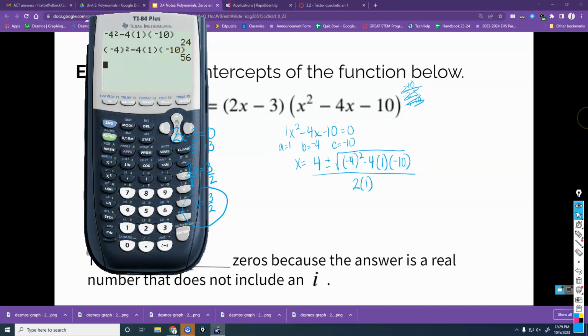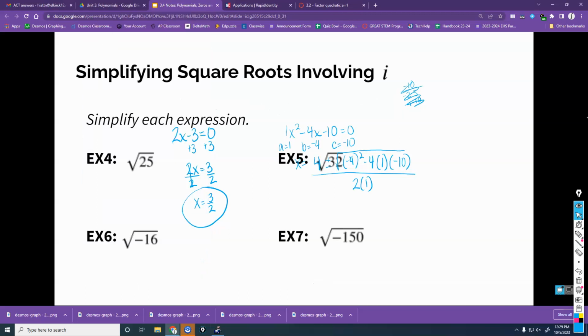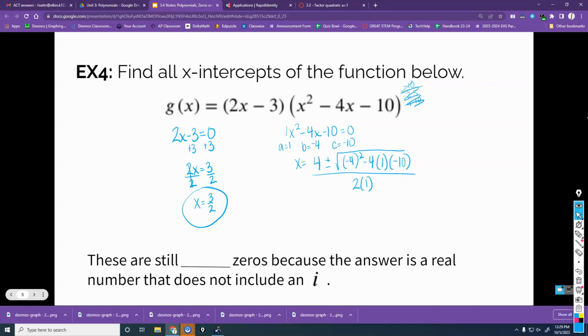Okay, so let's go back. So I've got 4 plus or minus the square root of 56 all over 2. Now, there is a way I could break down that 56, but we're going to talk about that in a minute, so I'm going to just leave it like it is right now.